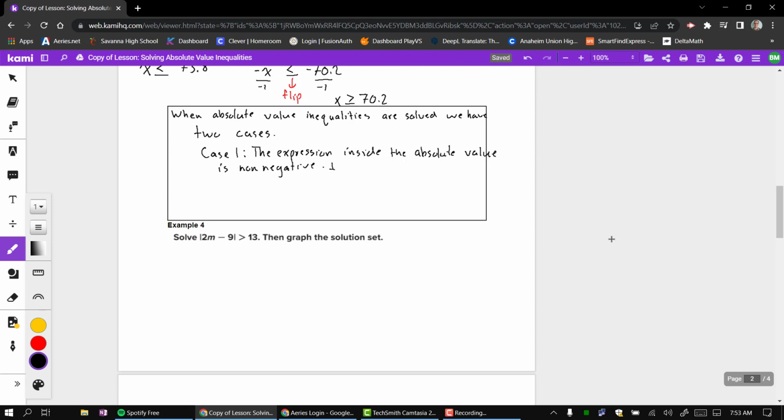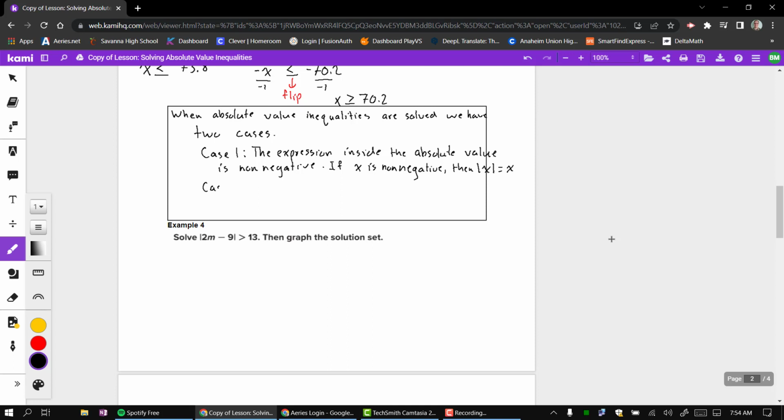So if x is non-negative, then the absolute value of x equals x.